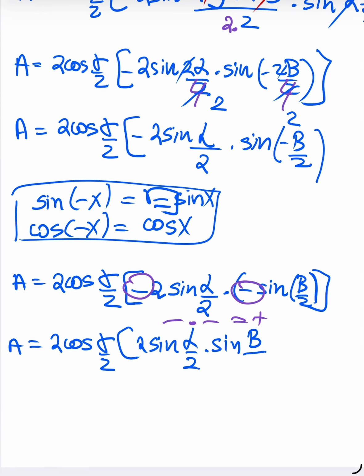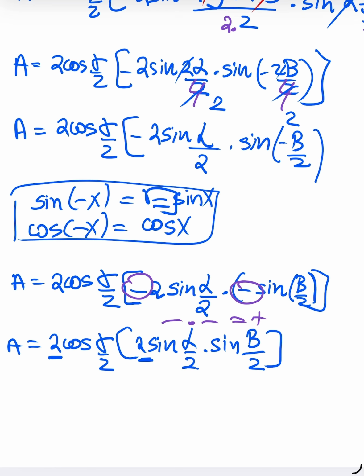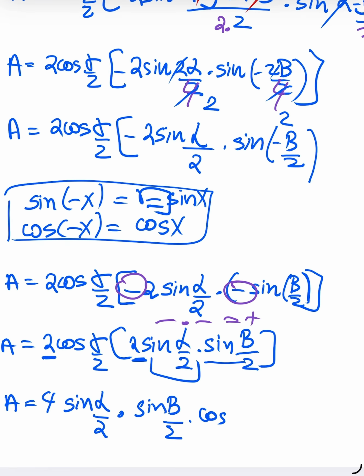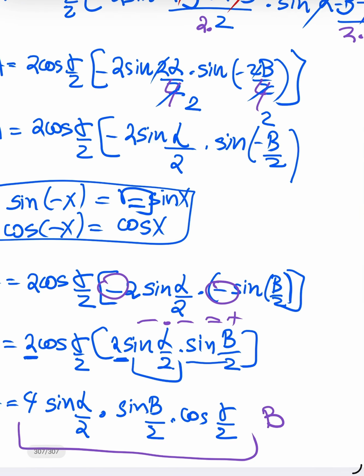And when we release the bracket, we have 2 here and 2 here, and 2 times 2 is equal to 4. When we order them, first sine alpha divided by 2, then we multiply by sine beta divided by 2, and then by cosine gamma divided by 2. And what we obtain is actually the expression B. So therefore, we proved that A is equal to B.